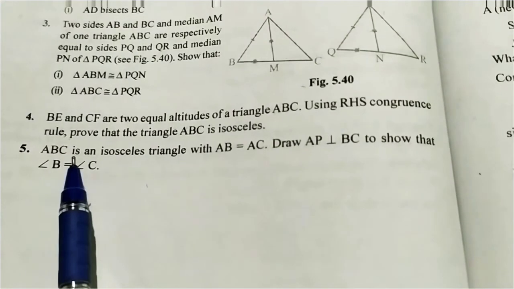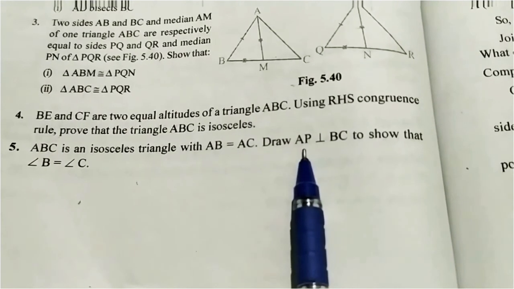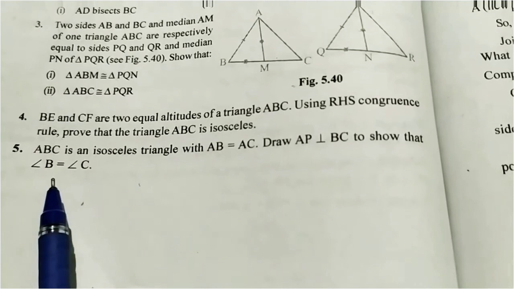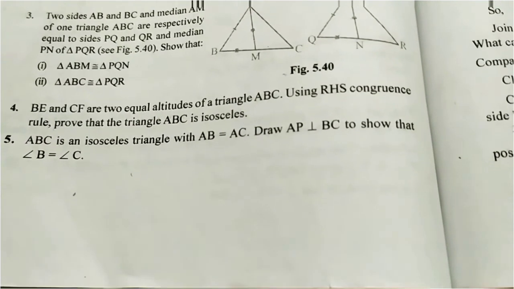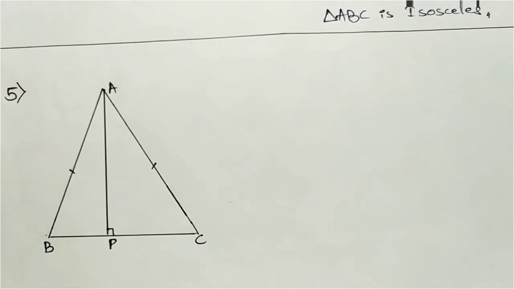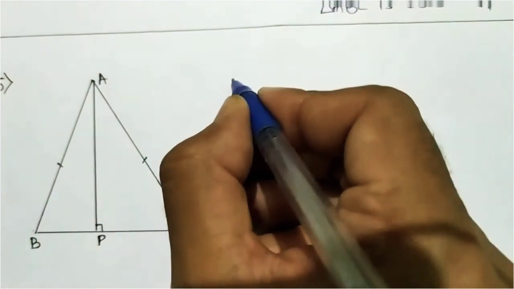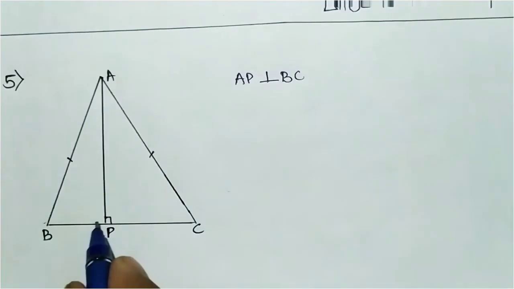Fifth question, ABC is an isosceles triangle with AB equal to AC. Draw AP perpendicular to BC to show that angle B equal to angle C. Okay, let's do it by using the RHS congruence rule. Here I have drawn the triangle ABC with AP perpendicular to BC. Perpendicular means here it is making 90 degrees.